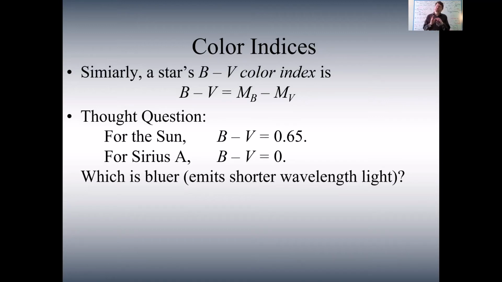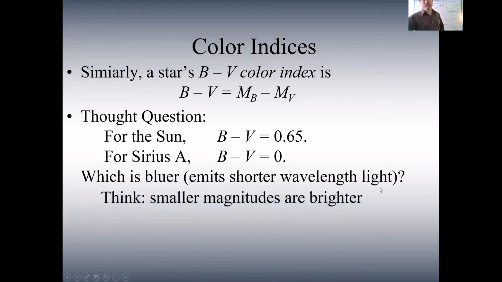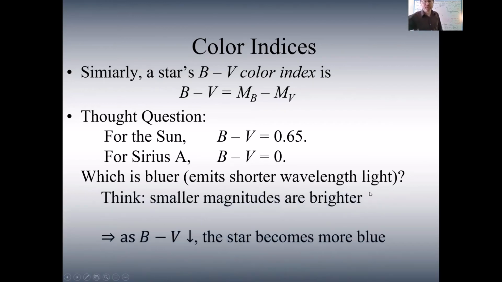And what we mean by bluer light is preferentially shorter wavelength light. That is, a spectrum would peak at shorter wavelengths. You can pause the video here if you wanted and think about it, but we're going to go forward and have you step through the thought process. So if you want to think about it, remember that smaller magnitudes are brighter.